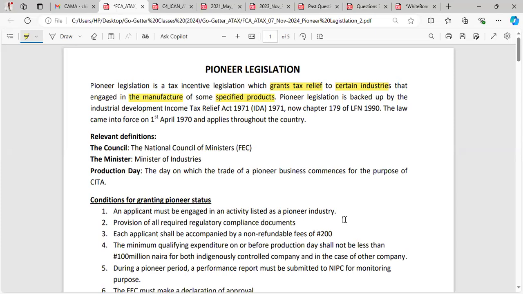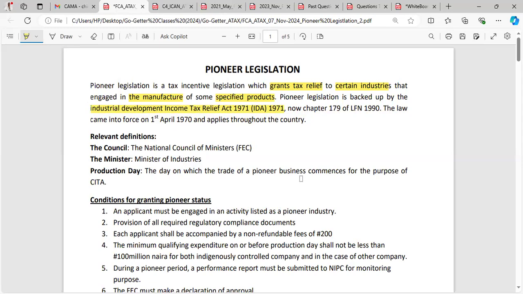So the pioneer legislation is backed up by something called the Industrial Development Income Tax Relief Act. This is the Act of 1971, the IDA Act, which is what is used for pioneer legislation. It came into Nigerian law on April 1st, 1970.